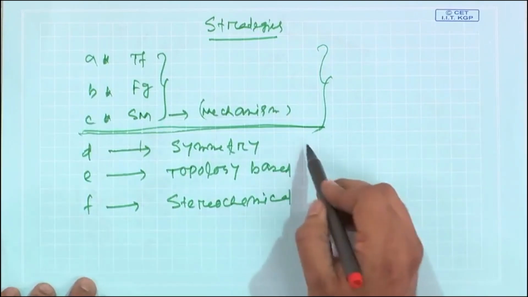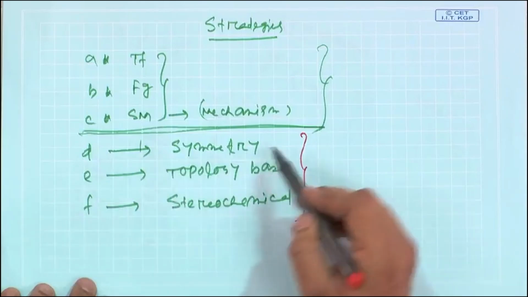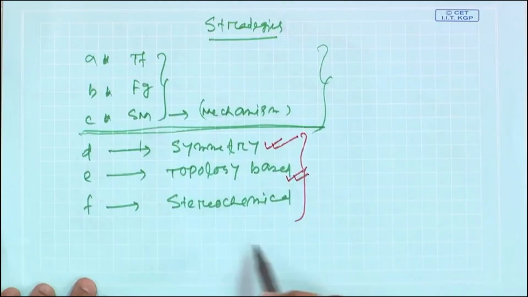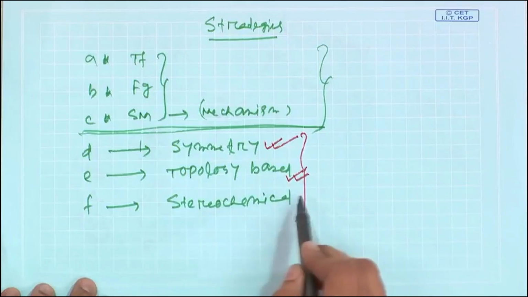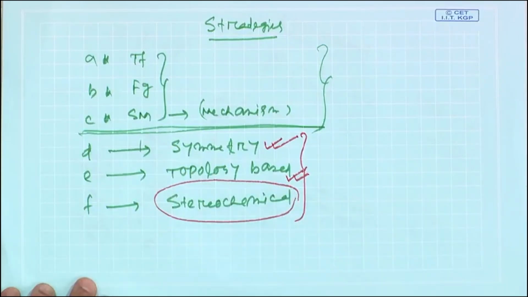Now, the remaining part of the lecture will focus first on symmetry based strategies, then topology based strategies, and then stereochemical based strategies, and then we will have a concluding remark and sum it up.